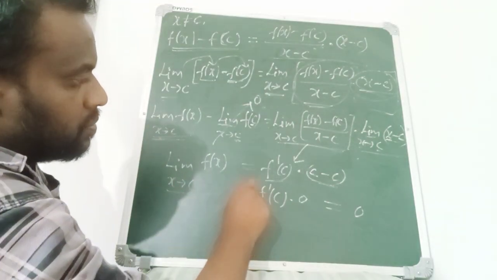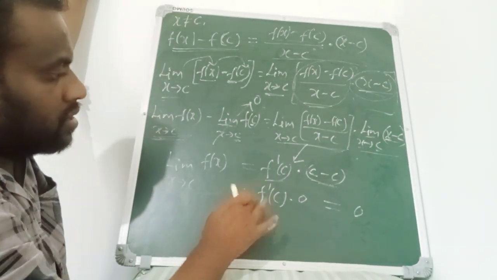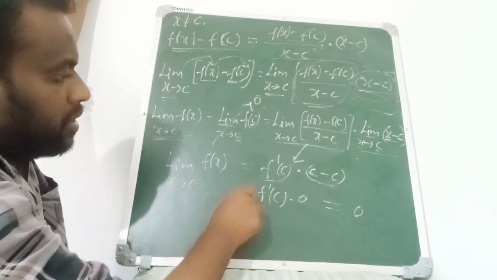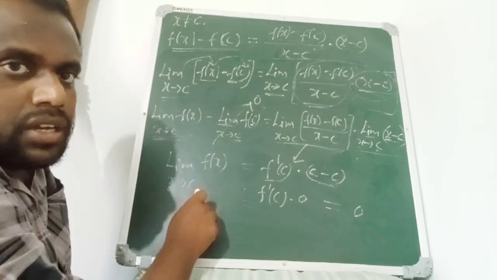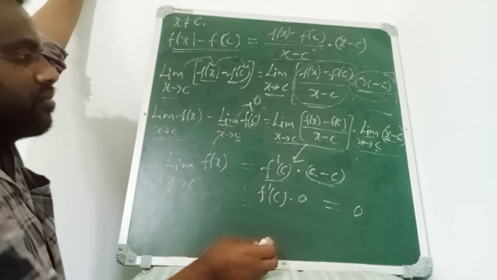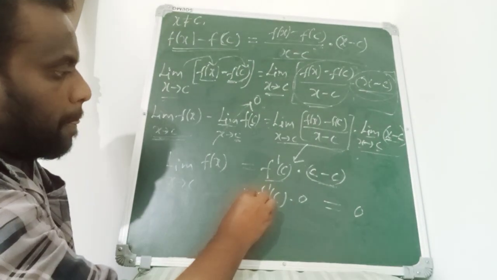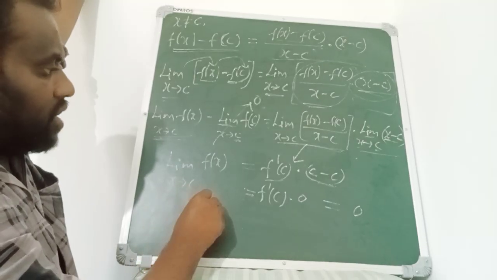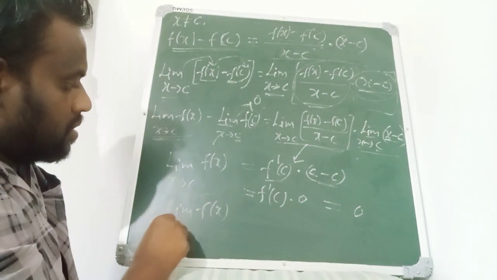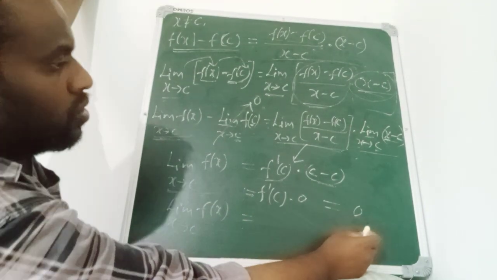Just because of space I have written it here, but while writing the exam you write the equal sign here, not corresponding to x tends to c. It will become wrong, so you should take care of that. As of now I will just put the equal sign here. So next write this: limit f of x as x tends to c is equal to this 0.